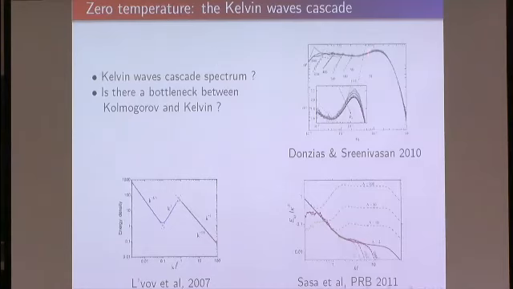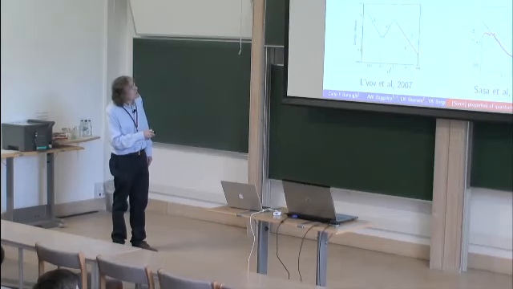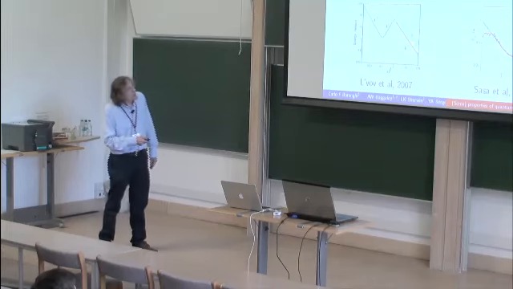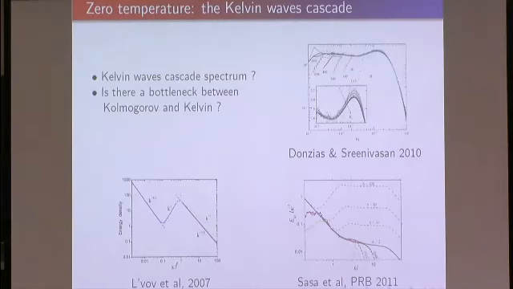You see this rise, which is zoomed here. This is what I mean by a pile-up of energy. Well, the prediction is that there should be some bottleneck going from the Kolmogorov energy cascade to the Kelvin wave cascade. There is recent work based on the Gross-Pitaevskii equation which attempts to see this bottleneck, and the evidence is slightly in favor, but this is still an open problem.